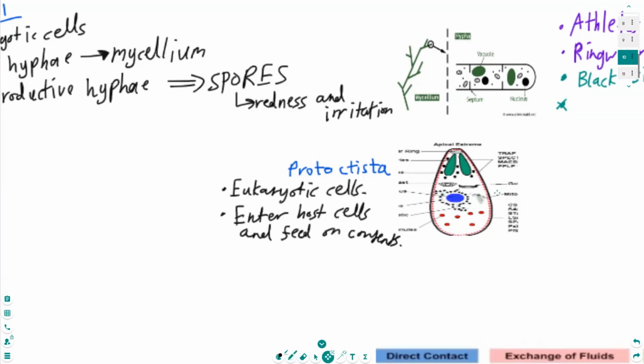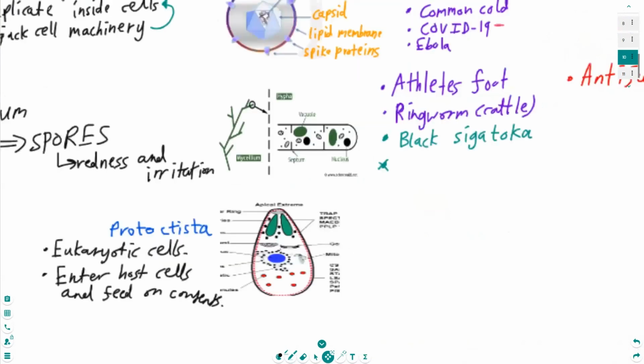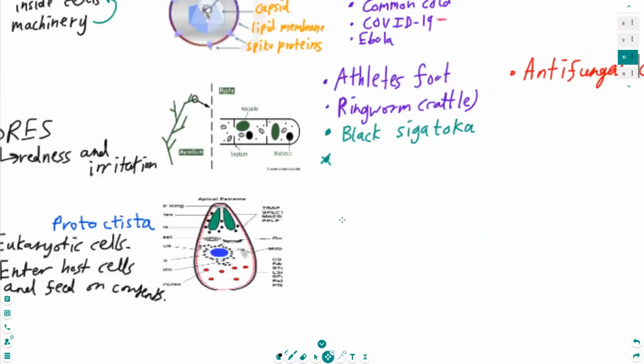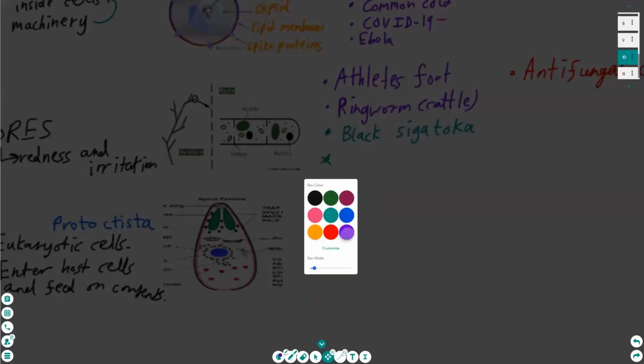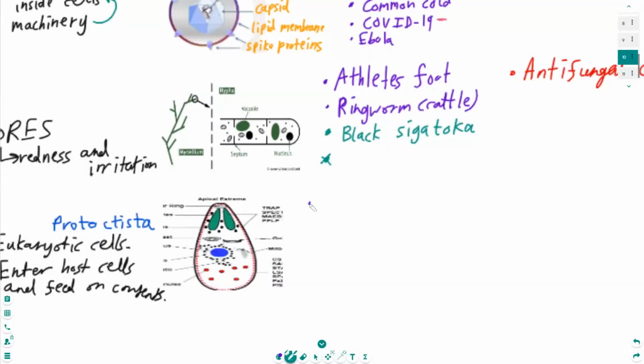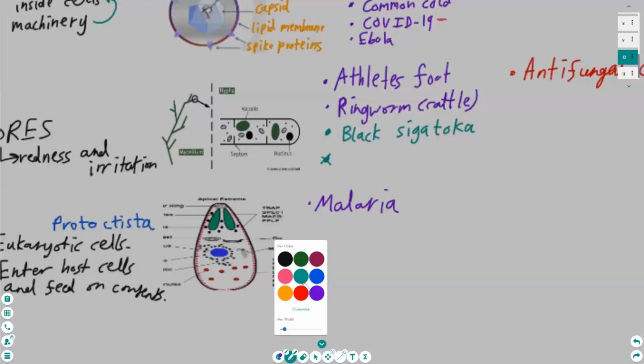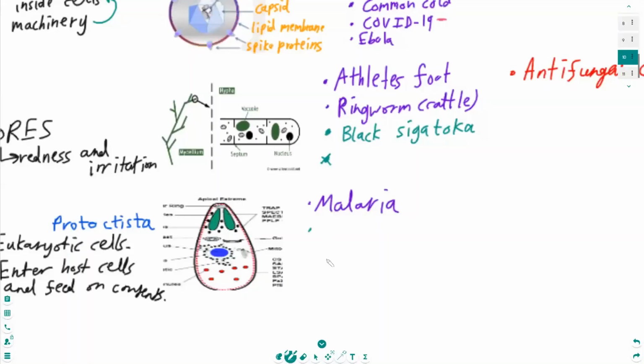Now, the main example that you need to know here is malaria for humans. So malaria is the main one. And then for plants, it's something called blight.